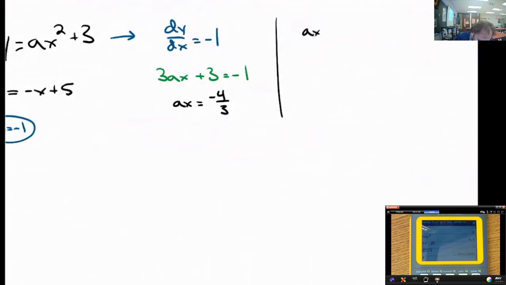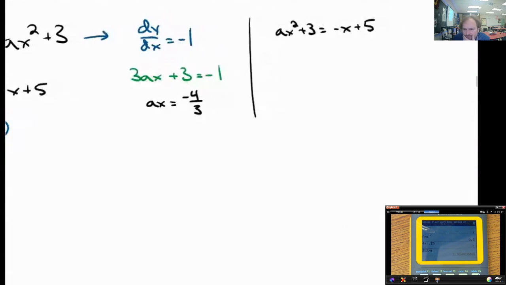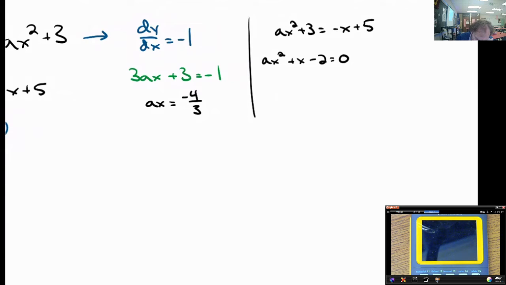We also know that ax squared plus 3 has to equal negative x plus 5. They have to be the same thing at that point too. So this is going to turn into a quadratic equation real fast. It's going to be ax squared plus x minus 2 equals 0, or ax squared plus x equals 2. Those are the two ways to think about it.